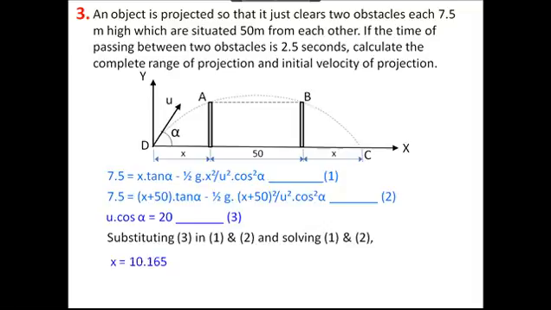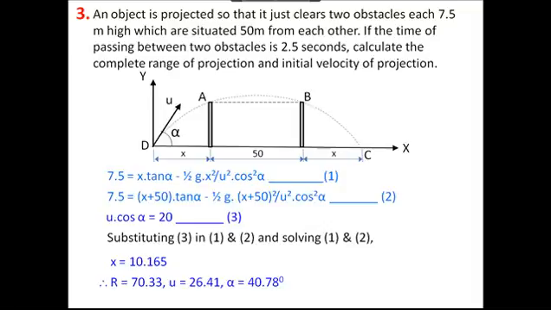We will get x and alpha. Now, the distance on the left side is x, therefore the distance on the right side also will be x. This comes from the symmetry of the problem, and therefore the total range R, which will be 2x plus 50, will be 70.33.